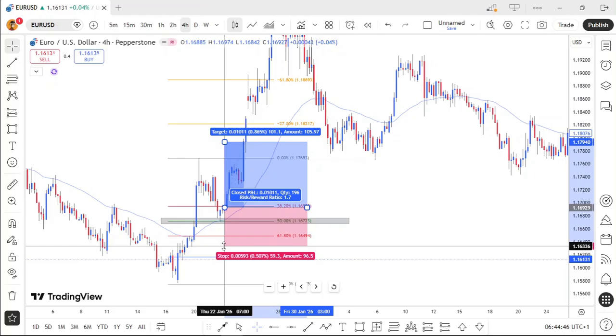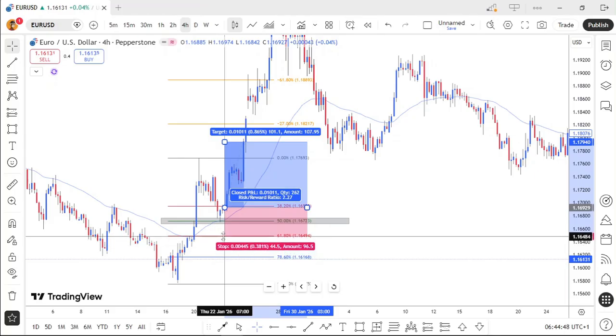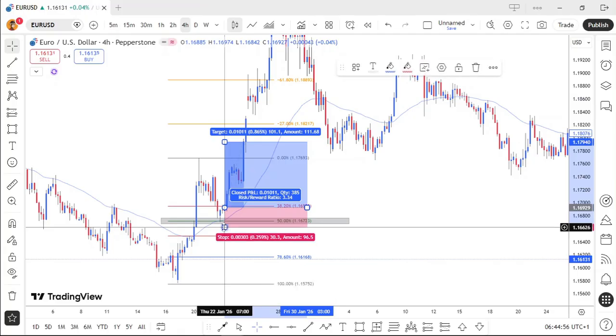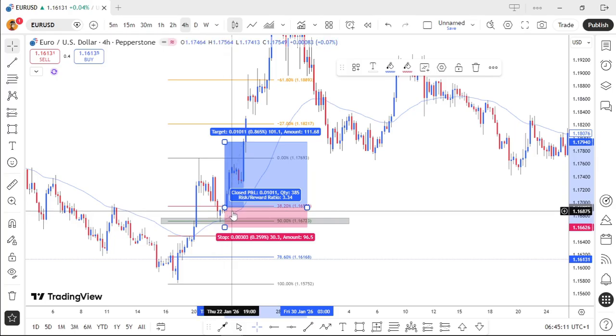Your stop loss will be on the last low that the market created. You just put your stop loss below the last low that the market created, where the market rejected from.